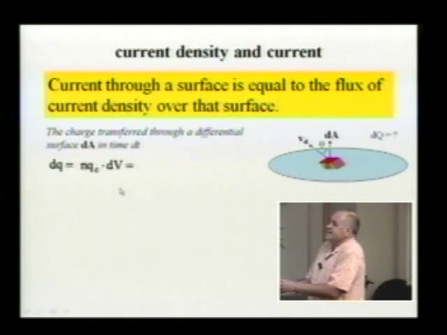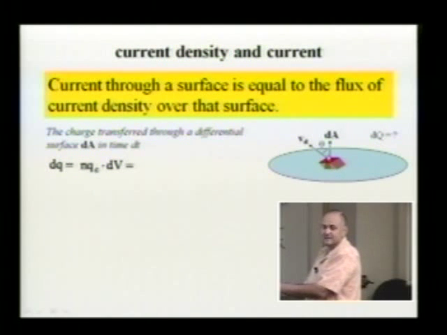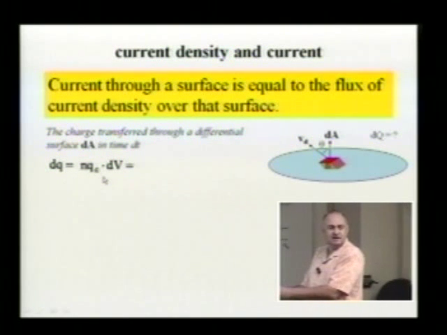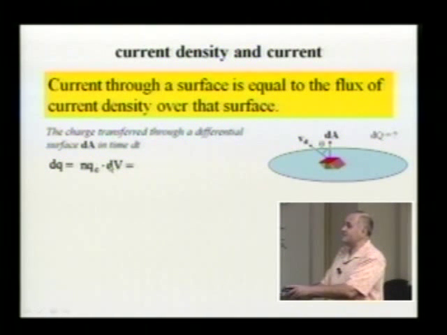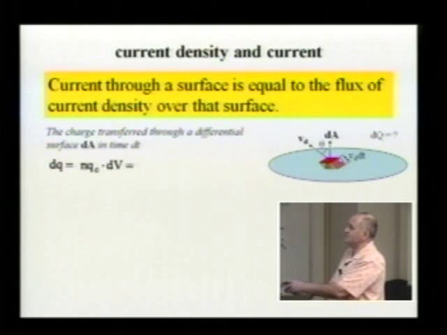So I can evaluate, therefore, the charge: it will be the concentration of the particles, the number of particles per unit volume, multiplied by the volume of this parallelepiped, and multiplied by the charge. Now, that volume is determined by this distance here, and this distance is the magnitude of drift velocity multiplied by time.